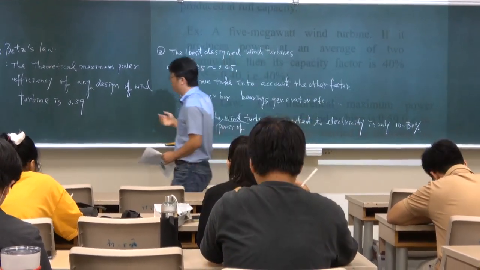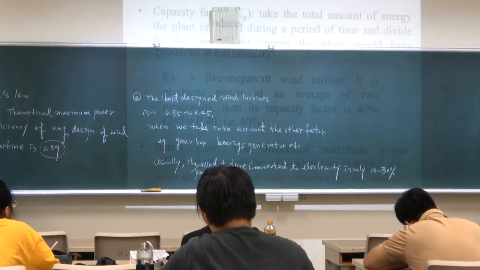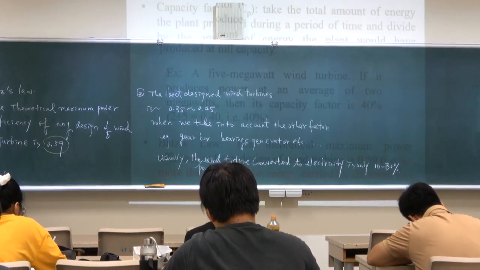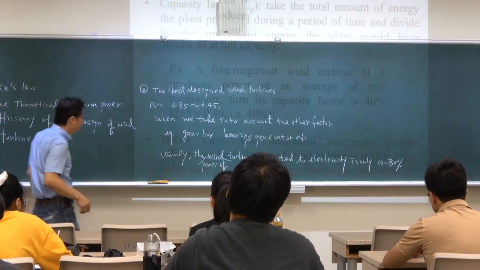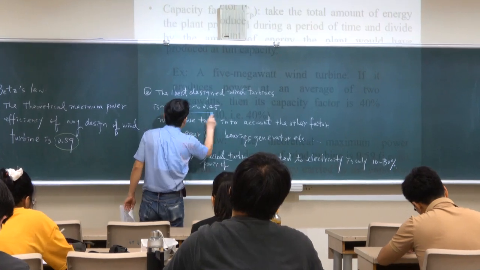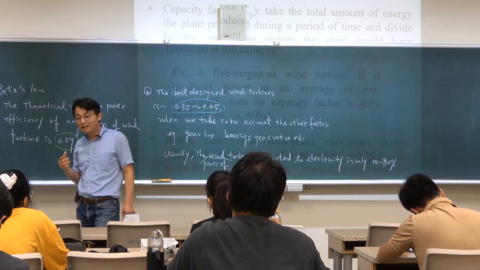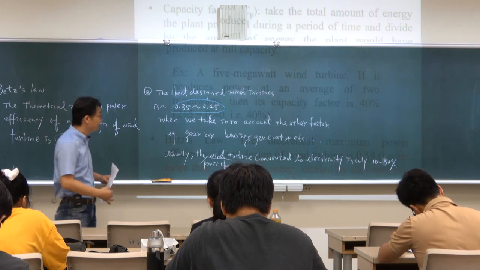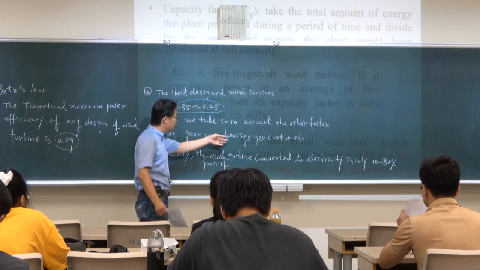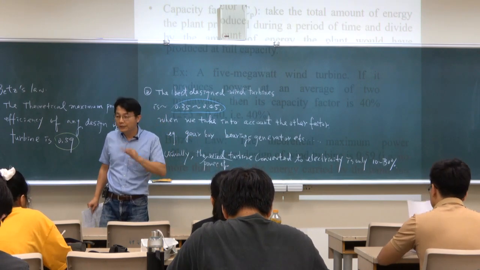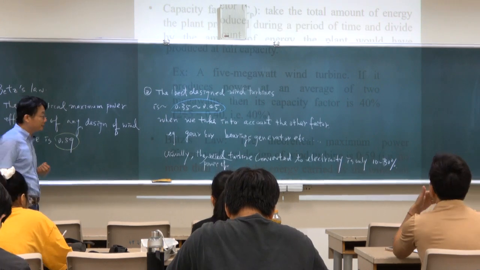So this is based on the theory, it is impossible to go over 59%. Okay, and the best design is also only 35 to 45%. But if you still consider some maintenance, because the gearbox, generator, gearbox, and some bearings, you still need to take time to maintain, okay, and shut down.